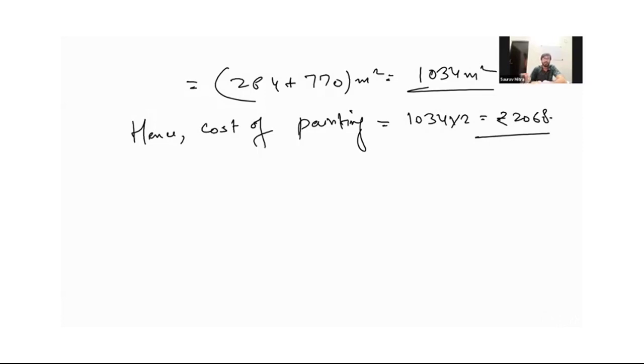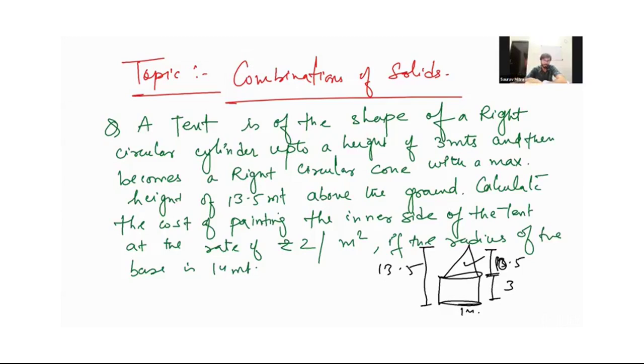This is how we have to solve the questions which are based on combinations. They can give you one figure surmounted on a hemisphere or a cone. There are various combinations, like a hemisphere and a cone. These are some of the types that we have to cover in this chapter.